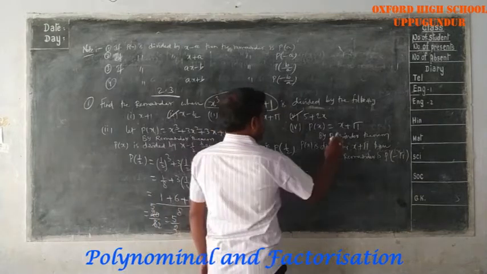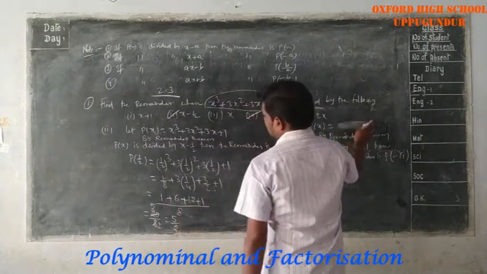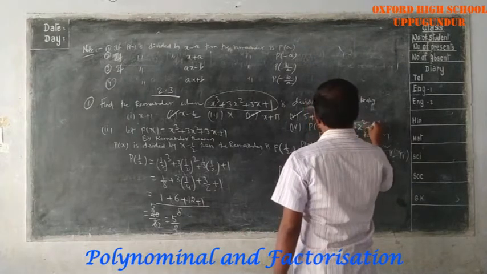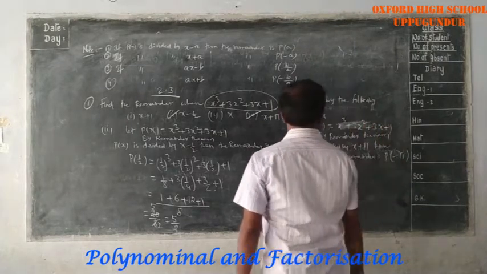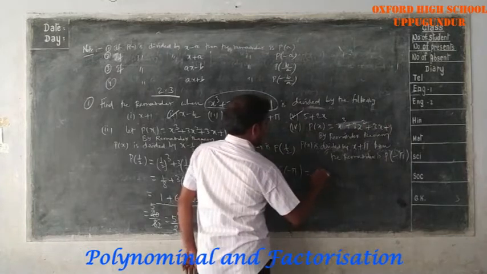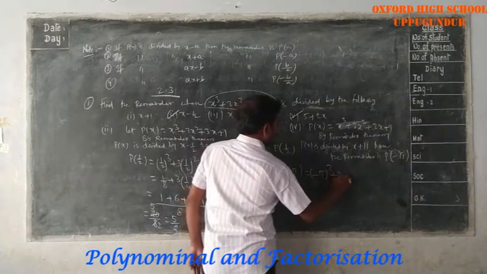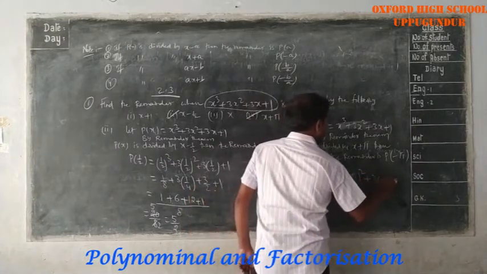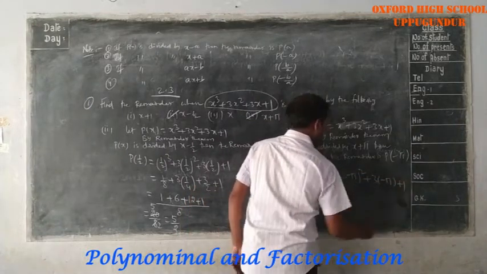Sorry, here P of x is x cube plus 3x square plus 3x plus 1. So (minus pi) whole cube plus 3 into (minus pi) whole square plus 3 into minus pi plus 1.